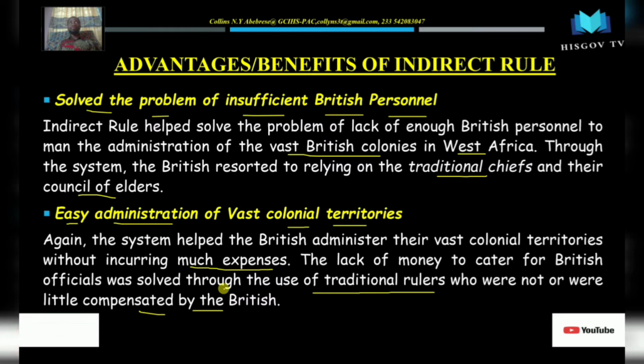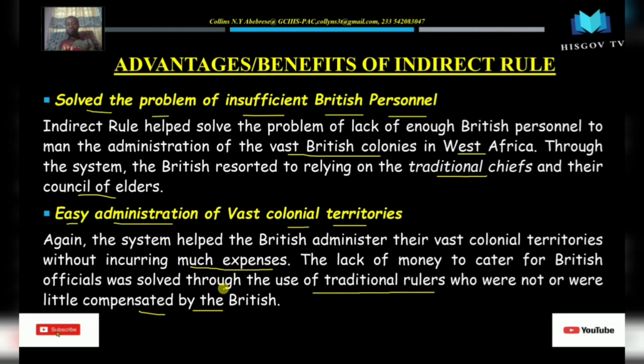At times they were not paid at all, and so it helped the British to be able to administer the vast or large colonial territories that they had acquired without spending much, because all you needed was just a governor and then the district commissioner, and the rest of the work was done by the chiefs and the traditional leaders.